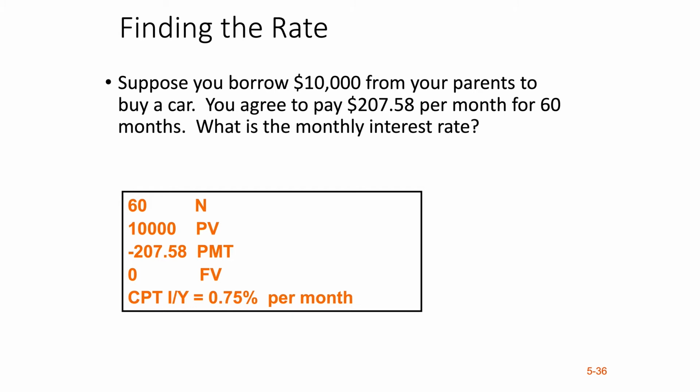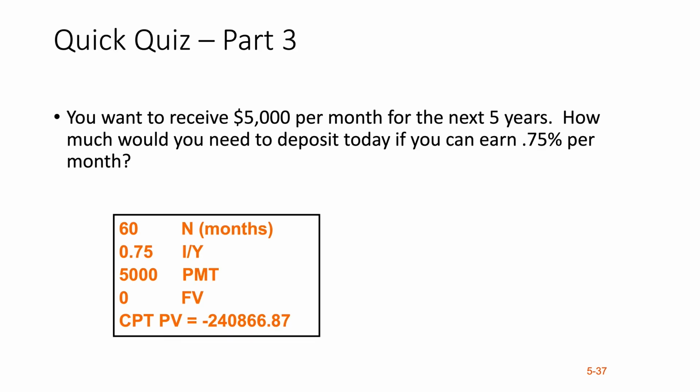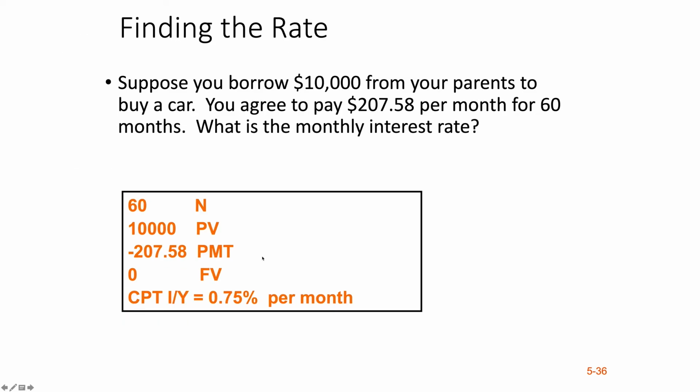You agree to pay $207.58 per month for 60 months. So it's a 5-year loan. So what is the interest rate? You key those in: 60 as N, 10,000 present value, payment 207.59. The interest rate is 0.75 per month. Per year, how much is it? We call it APR. You simply multiply by 12. That gives you the annual rate.